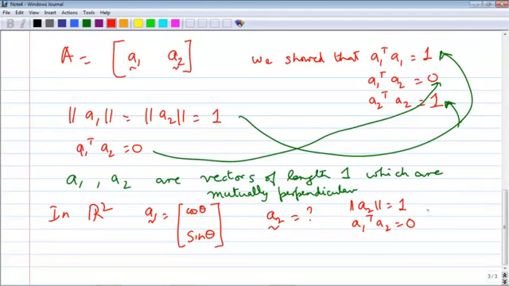That gives me two choices for A2. Either I could pick minus sine theta, cosine theta, or I could pick sine theta, minus cosine theta.